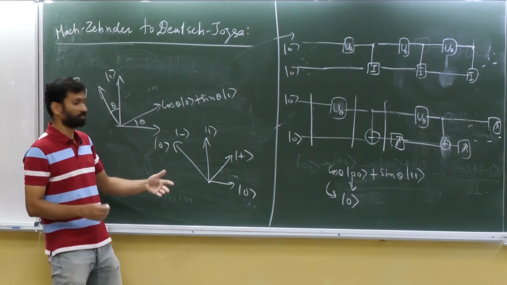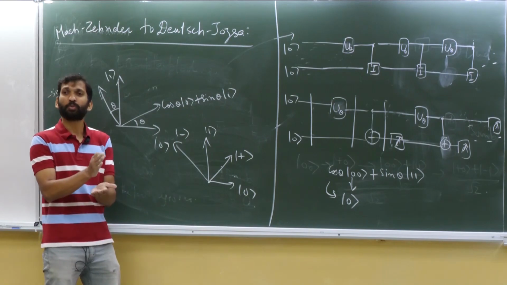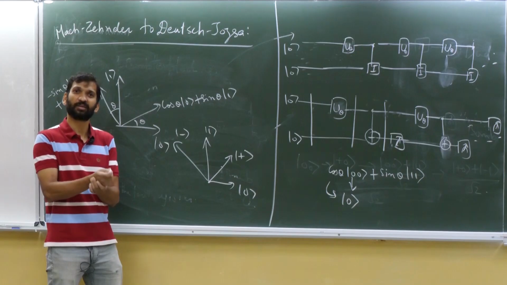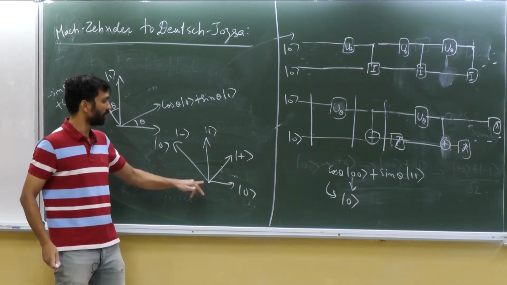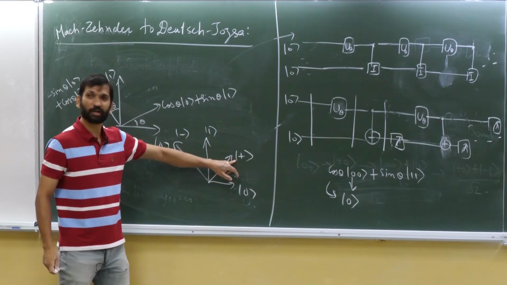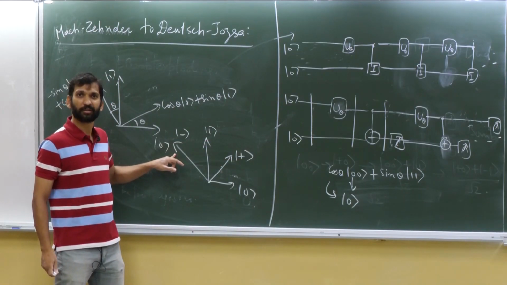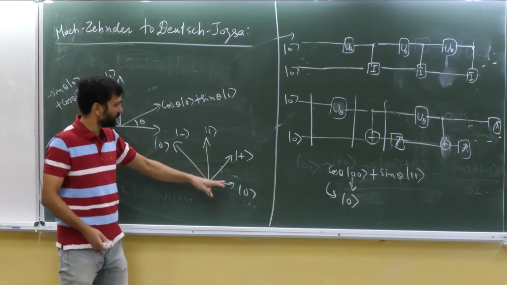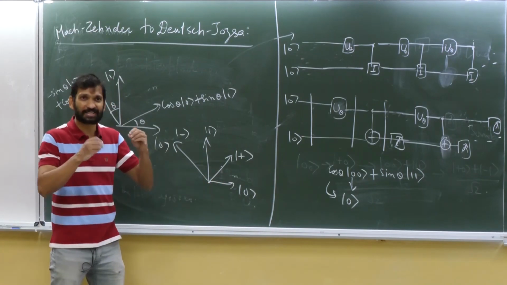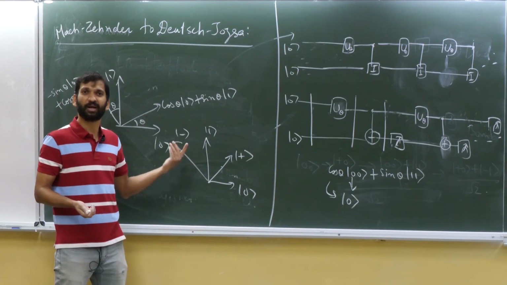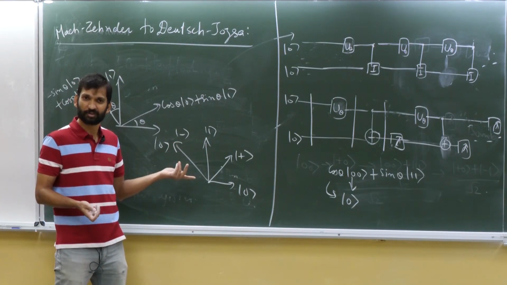Another way to say it is that two gates are equivalent if their action on the basis is the same. What does Hadamard do? It rotates 0 by 45 degrees and rotates 1 by 45 degrees. So the action of the Hadamard is exactly the same as this rotation on 0 and 1, so they are the same gate.